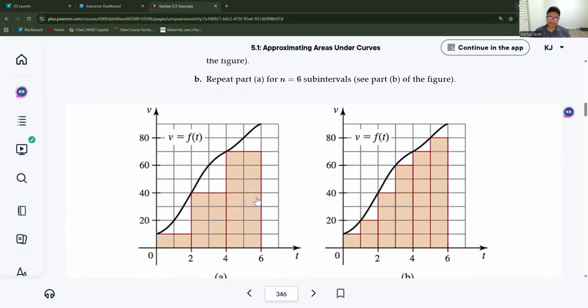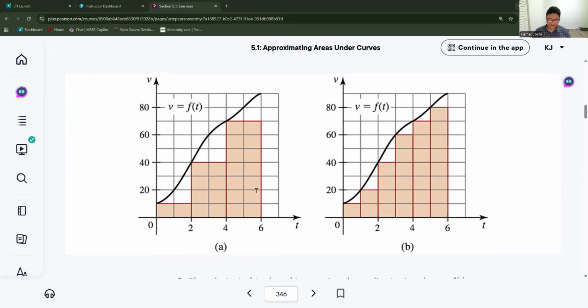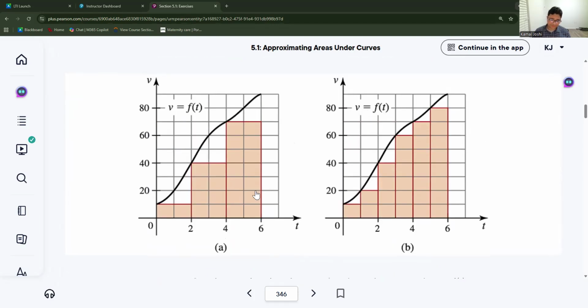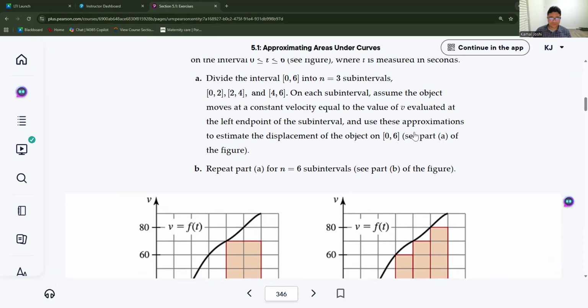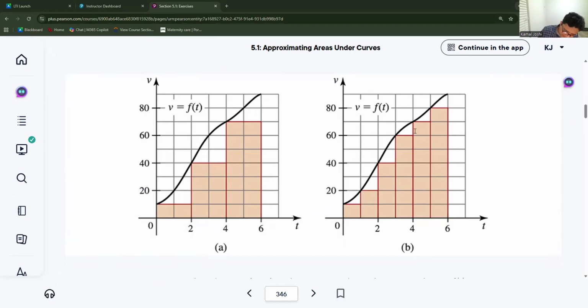Now, again, this is another illustration. Probably I'll not do it, because we have done the one before. The only difference from the previous problem is that now the height of the rectangle in each subinterval is chosen to be the left endpoint. I will do one such problem later where the diagrams are not given, so we will construct them ourselves.